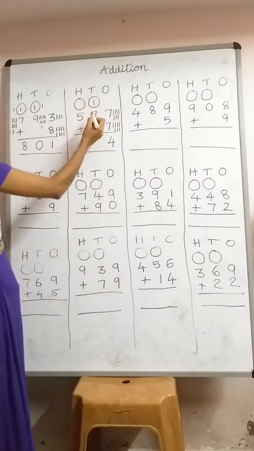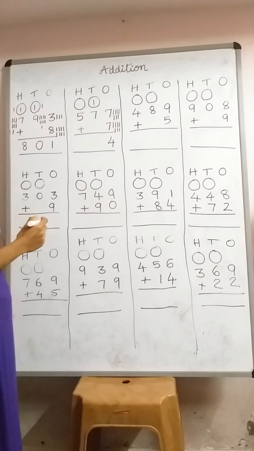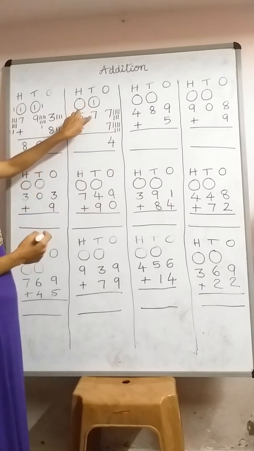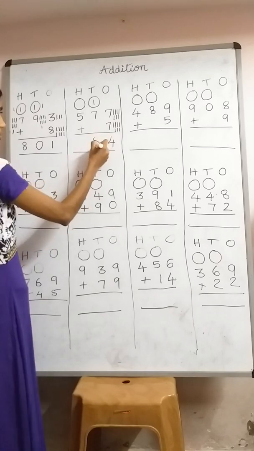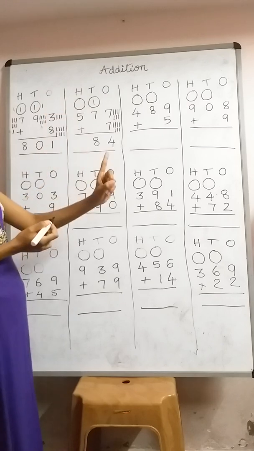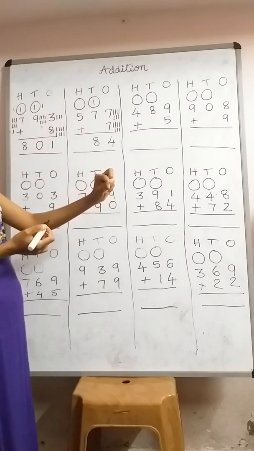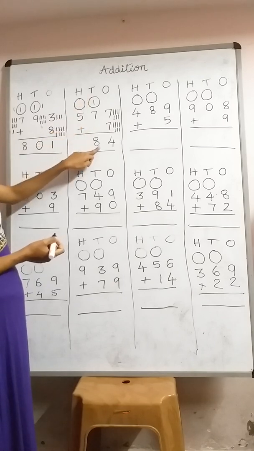Now count the numbers at the tens place. We have 1 and 7. So after 7 take one finger and say 8. It's easy to count with the help of the finger. So 7, afterwards take one finger and say 8. Okay, 7 plus 1 is 8.